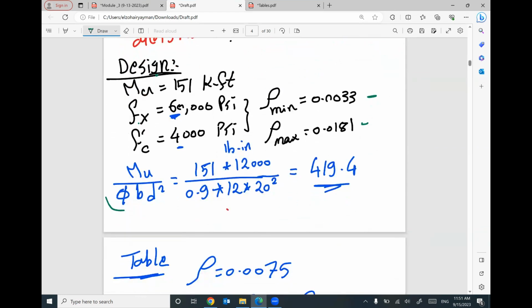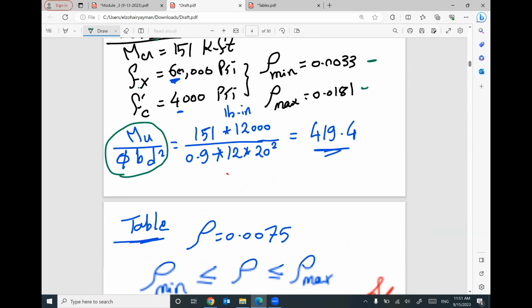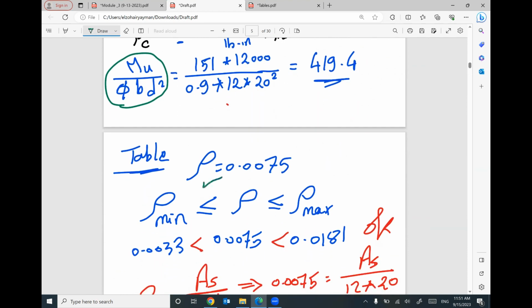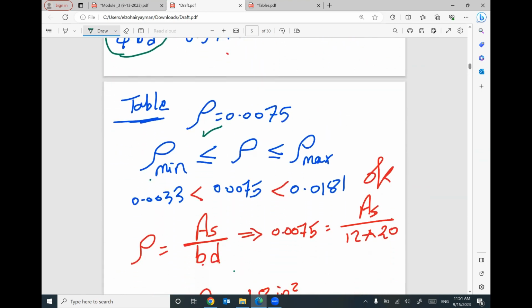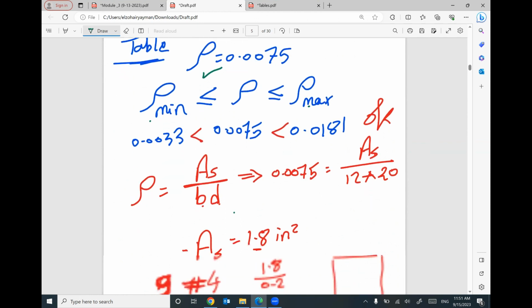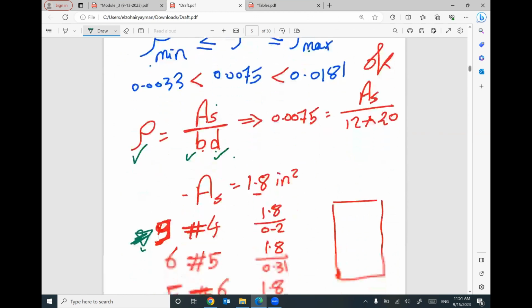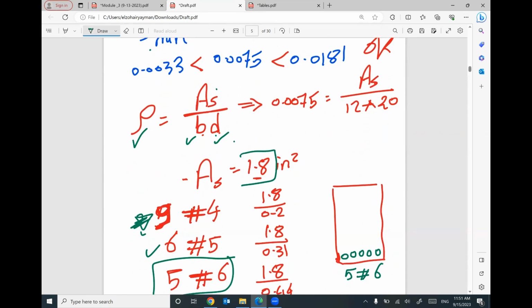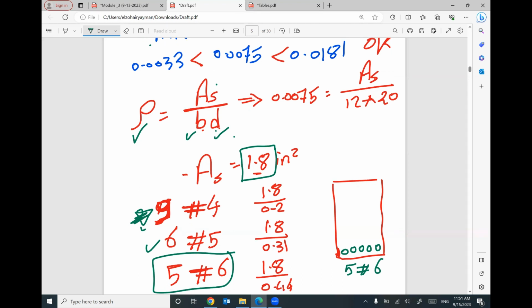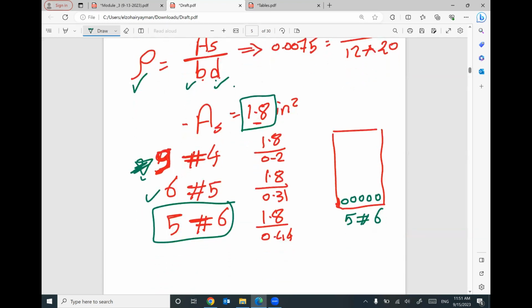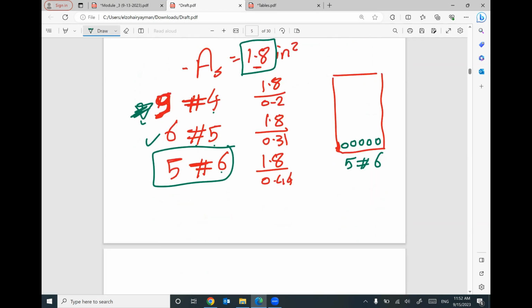I can find the value of this expression, open my table to find rho, and make sure rho is greater than rho minimum and smaller than rho maximum. This rho equals area of steel divided by B D. Everything is known, so I can figure out the required area of steel. Then I can convert this area of steel to a number of rebars. You need to assume number 4, number 5, number 6, and then your final conclusion is up to you.